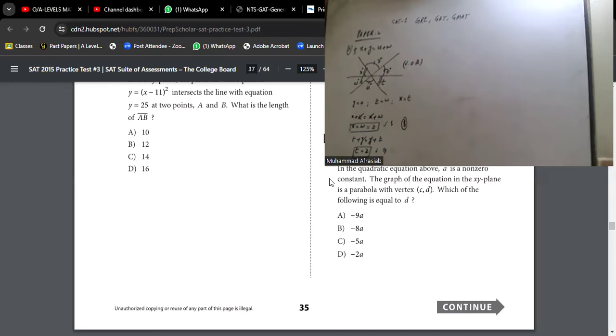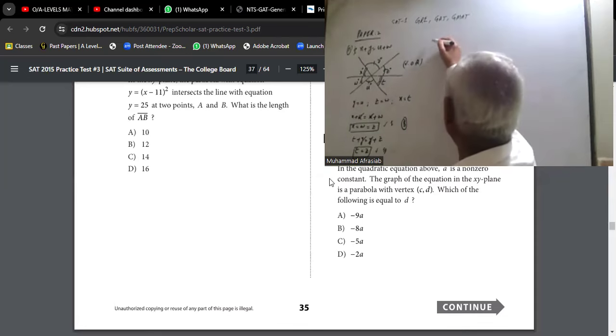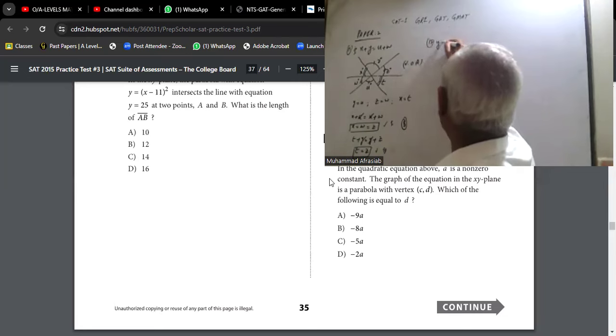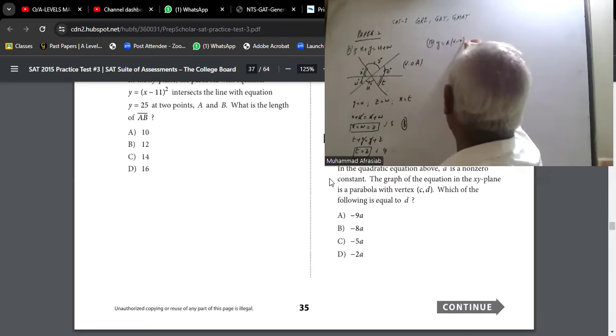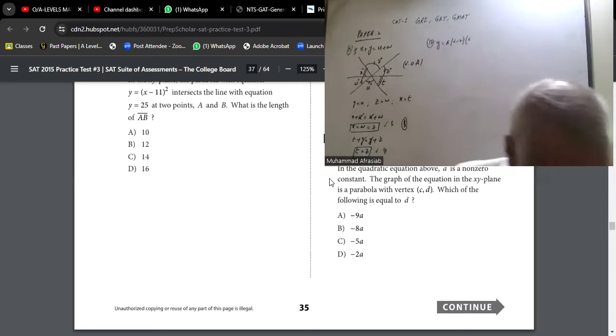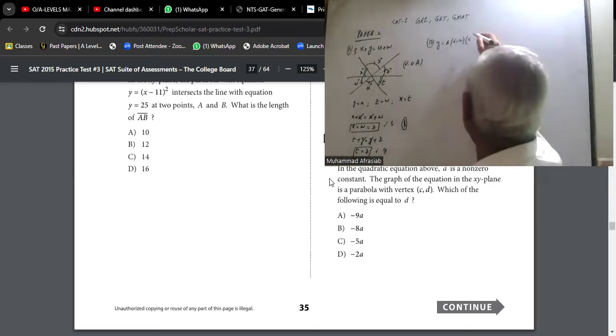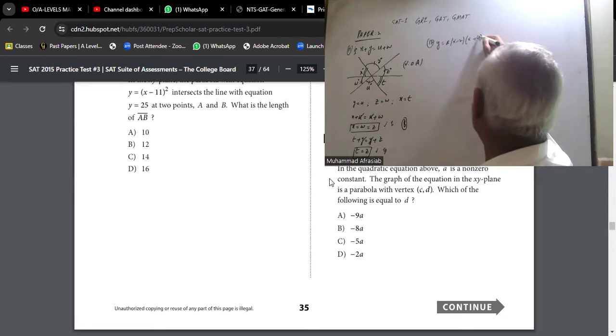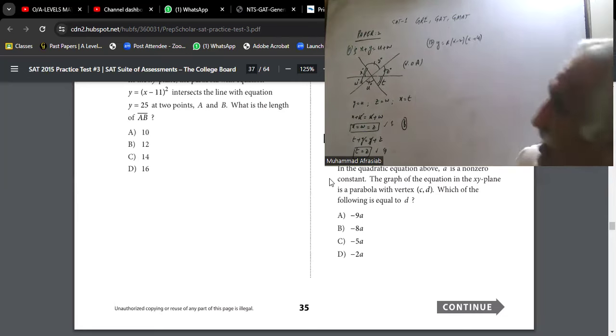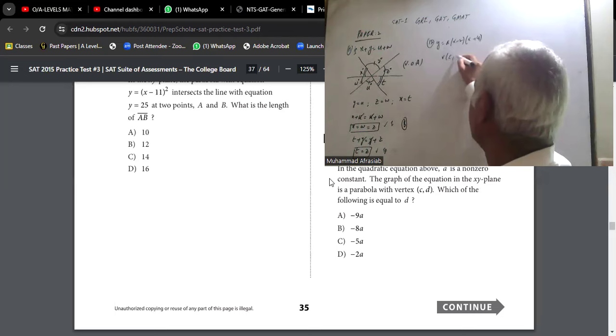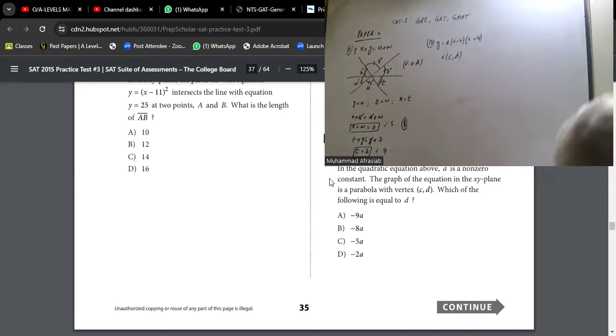So it is y is equal to A into x minus 2 into x plus 4. And the vertex there is C and D shown there.